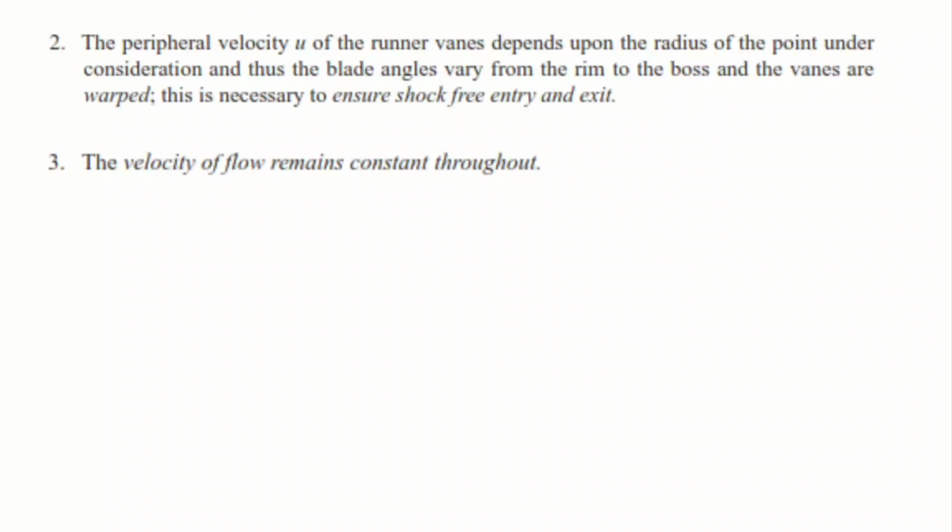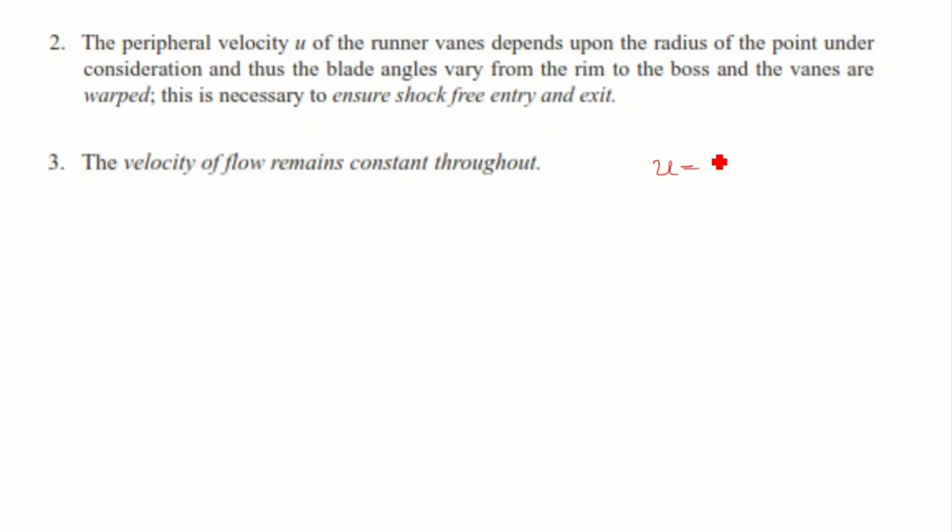Next, you have to remember that the peripheral velocity u of the runner vanes depends upon the radius of the point under consideration. The velocity of the runner is denoted by u. This value depends on the point at which we are considering for the calculation, so it will vary and you have to take u according to the vane angle. You must take this value very carefully.